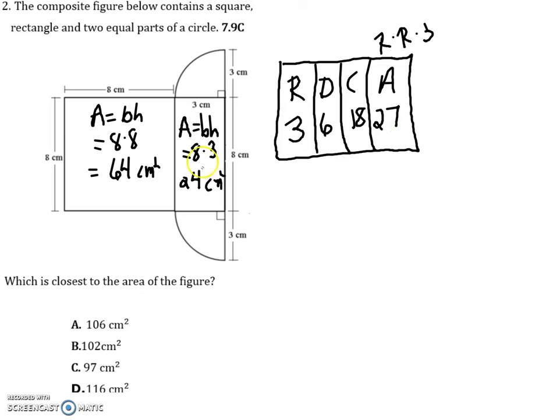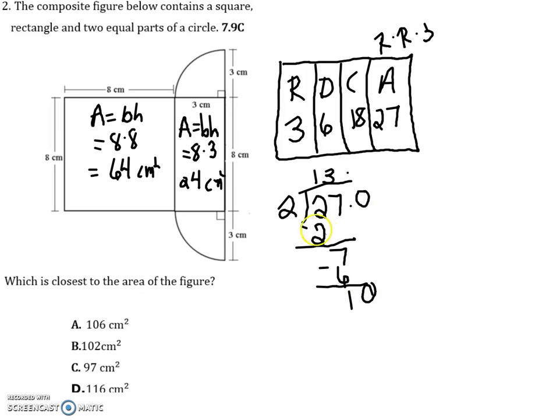And we have 2 quarter circles. So the 2 quarter circles would add up to half a circle. We need to do 27 divided by 2. We go in there once. We go in there 3 times. Decimal, decimal, 0. 2 can go into 10 5 times. So the area of the half circle is 13.5 centimeters squared.